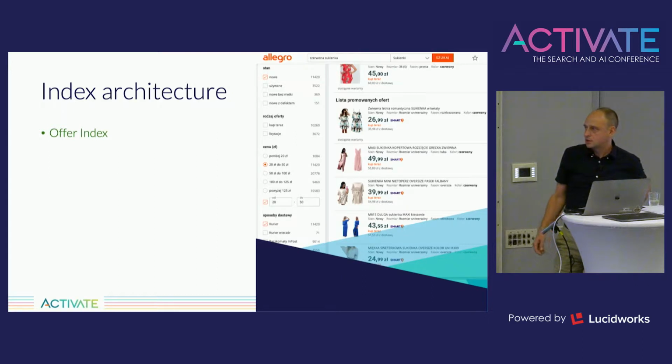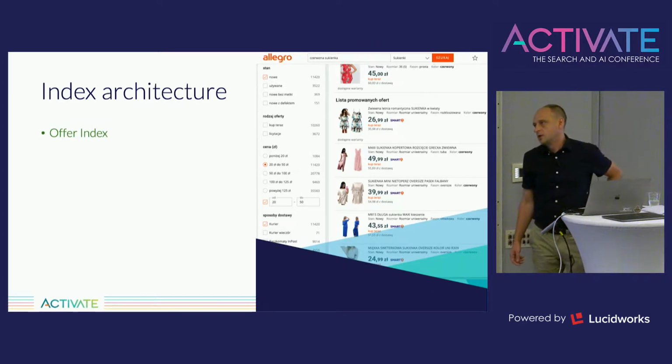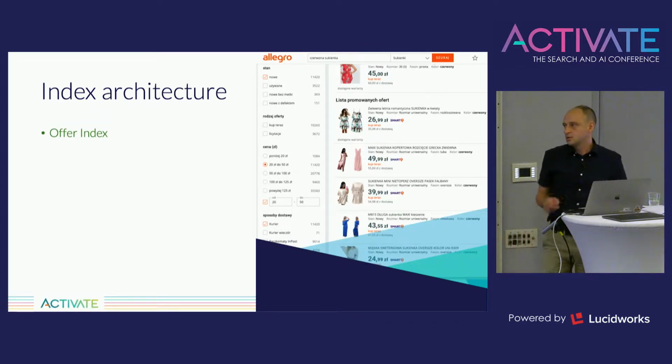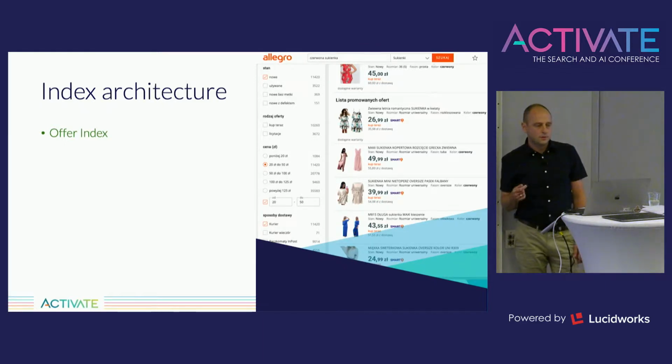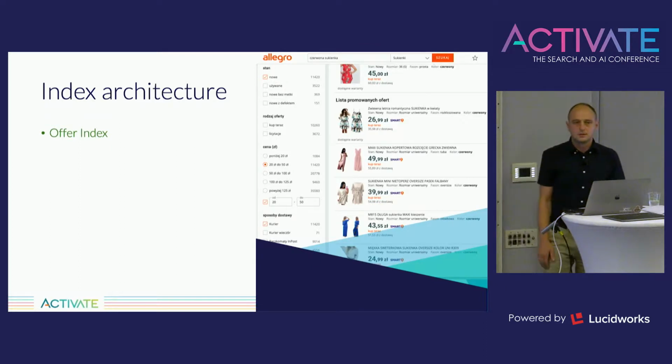In our architecture, we have a Solr index with documents. Each document is an offer, and in our case, a product contains different offers, and one product can have offers with different titles, different descriptions, different attributes, and even they can be placed in different categories.